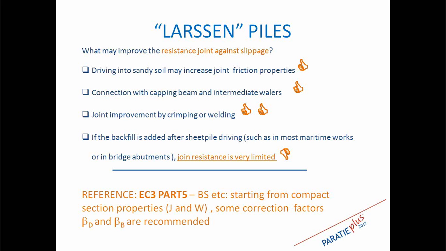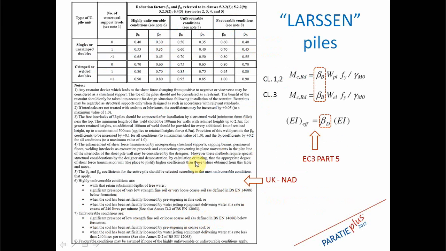There is a thorough discussion of this aspect, and also there are recommendations to calculate reduced cross sections of sheet piles. And as we will see, there are some reduction factors applied to the flexibility and the resistance modulus of sections.